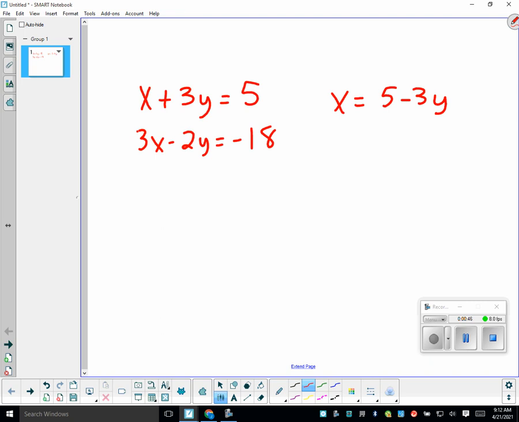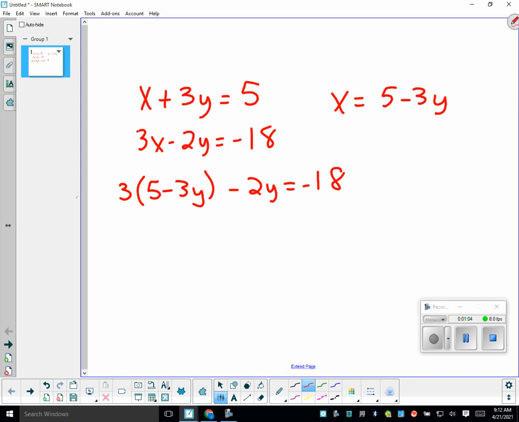So I go to the other equation, and in place of x, what do I put in? So I have 3 times 5 minus 3y minus 2y equals negative 18, right?